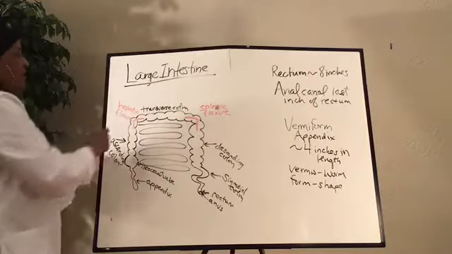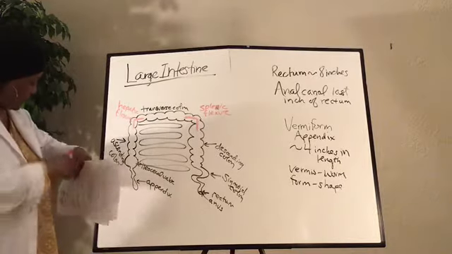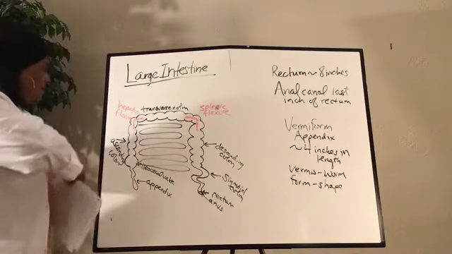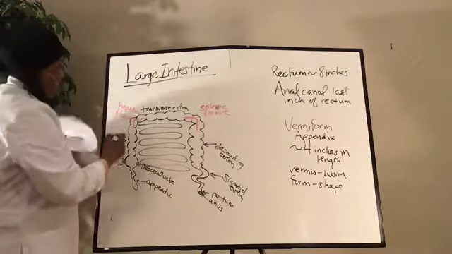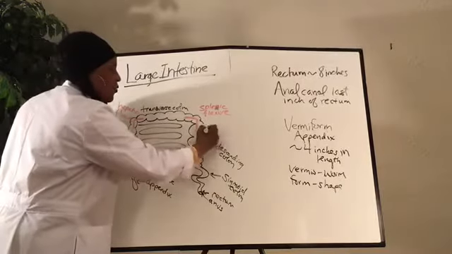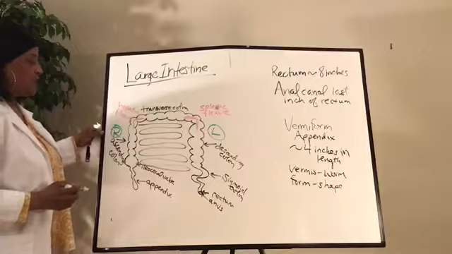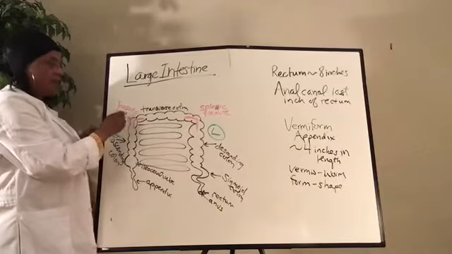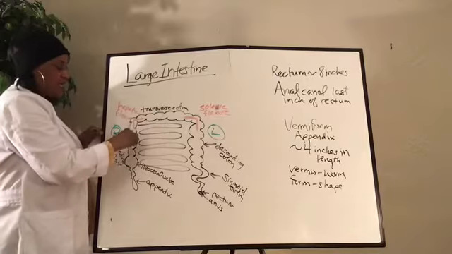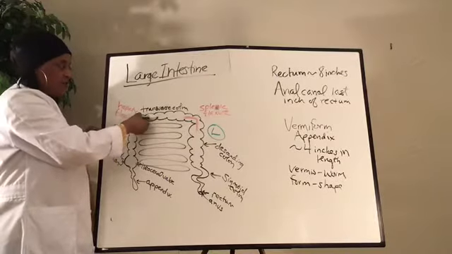So the hepatic flexure is on the right. Let me make sure that you know what side of the body we're on. This is the right side of the body. Always orient yourself, and this is on the left. So on the right side you have the liver, so that's the hepatic flexure, this bend here connecting the ascending colon and the transverse colon.